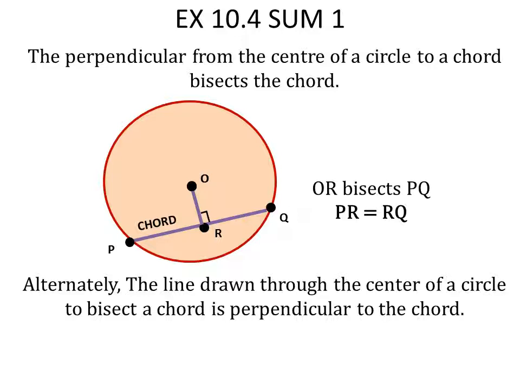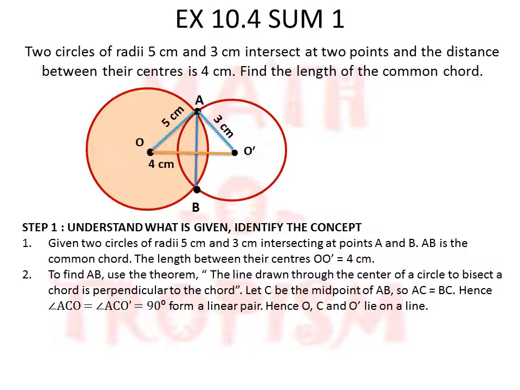One is that the perpendicular from the center of the circle bisects the chord, and alternately, if a line drawn through the center of the circle bisects a chord, then the line is perpendicular to the chord. Now here we don't know whether OO dash is perpendicular to the chord or not.